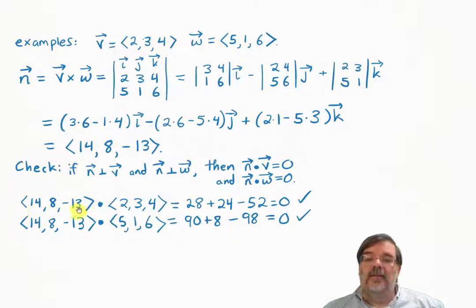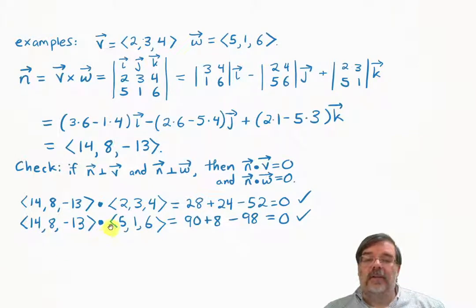So I have 14 times 2, which is 28, plus 8 times 3, which is 24, minus 13 times 4, which is minus 52. And if you add those up, 28 plus 24 minus 52 is 0. That one checks out. Just to be doubly sure, we can do n dot with w.